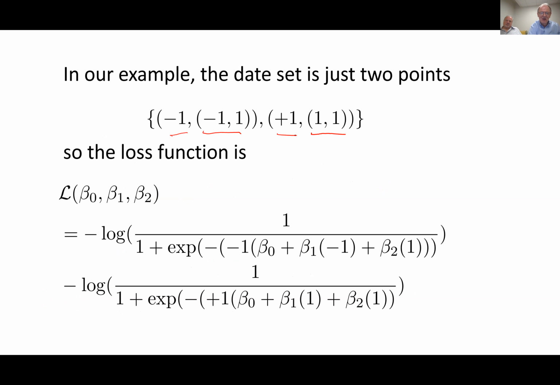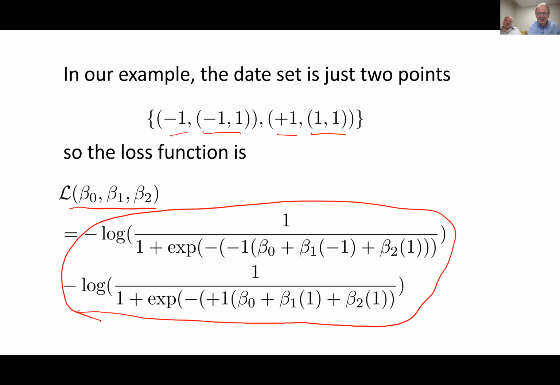And so the loss function here has three variables, beta 0, beta 1, and beta 2. Here's the loss function, written out in great detail. We have minus, and then the label for the first one, that's -1, times beta 0, which is always there, plus beta 1 times the first coordinate plus beta 2 times the second coordinate.